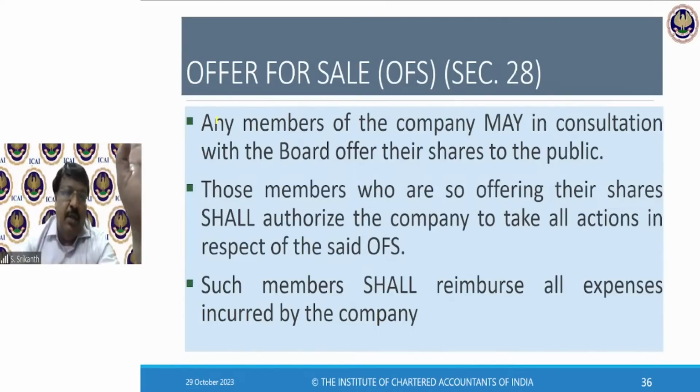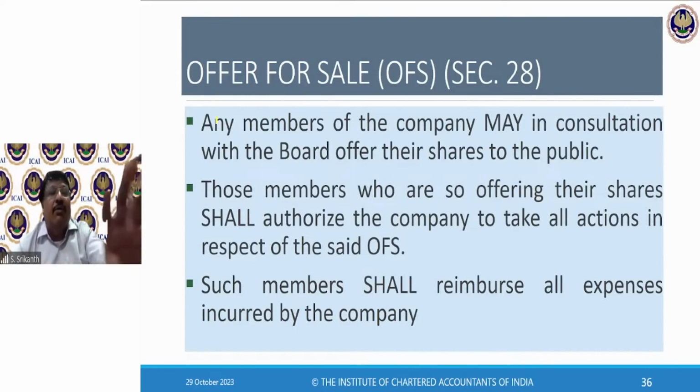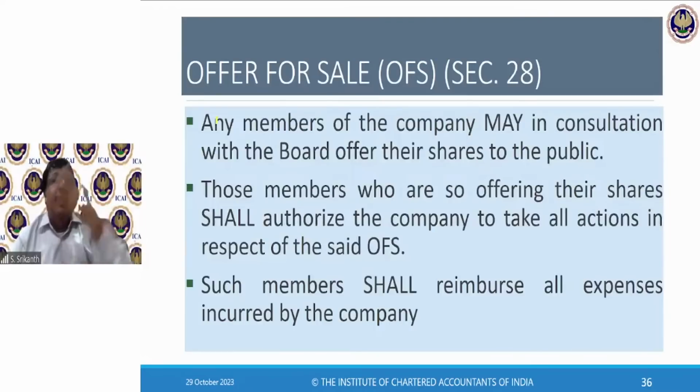Along with that, the promoter, and maybe his friends, relatives and employees, will also give a set of their shares, maybe 500,000 or 1 million. Mainly the promoter will give, so all that money will come to them.